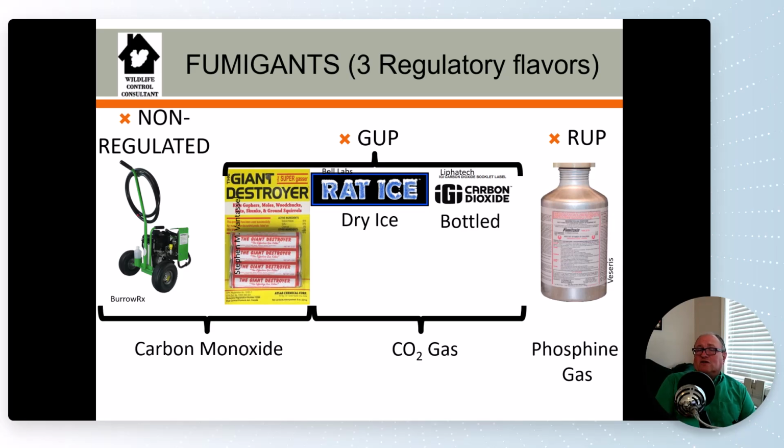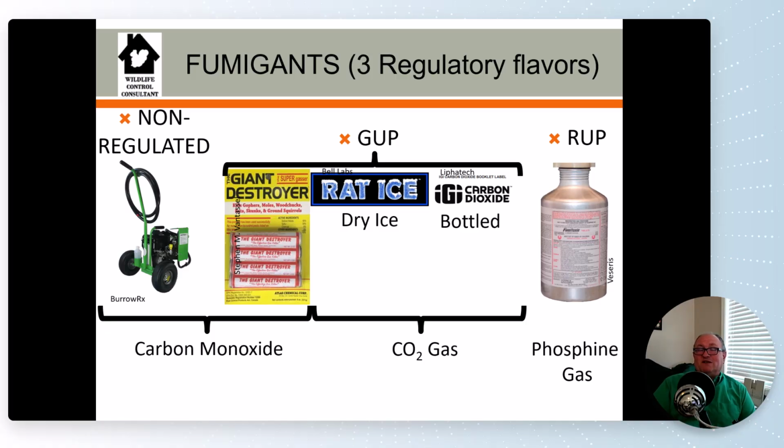Then you have, of course, dry ice and bottled carbon dioxide. Dry ice, of course, gases off as carbon dioxide. That's CO2, not CO, CO2. And then, of course, you have the Lifetex bottled carbon dioxide treatment. Both of those products are general use as well. Now, just because they're general use doesn't mean you can use them without a license.